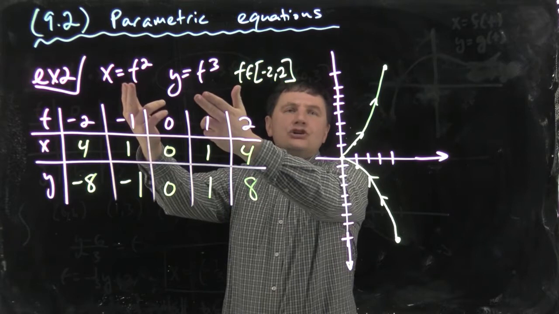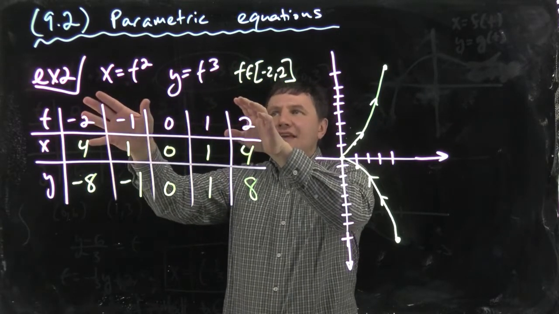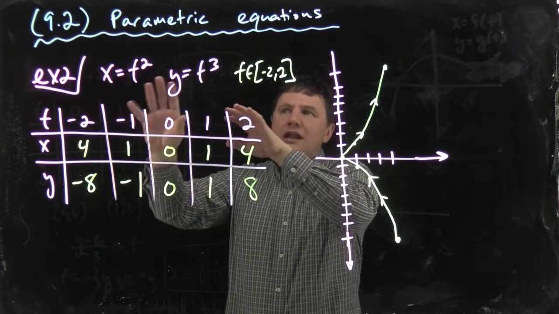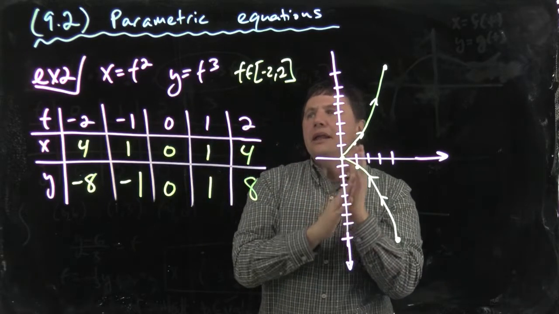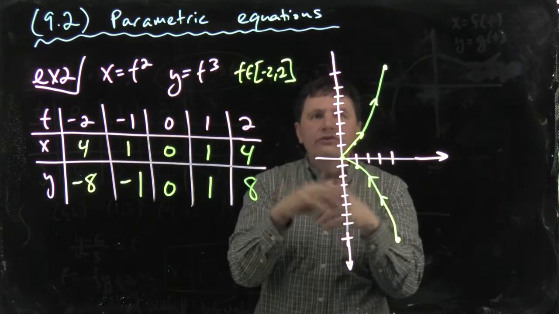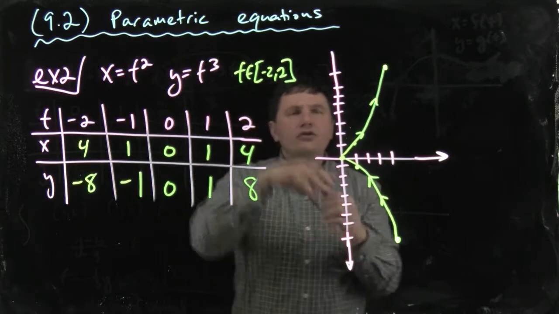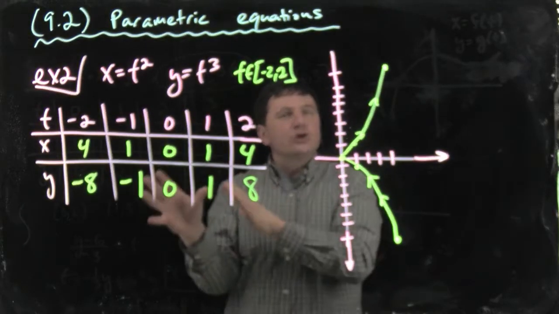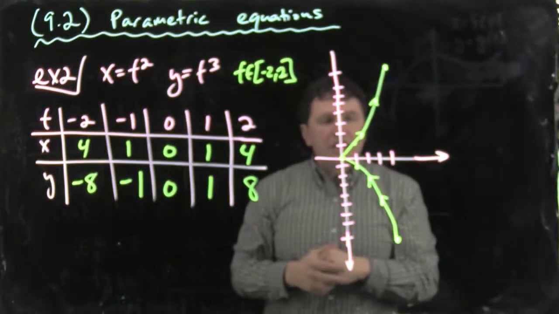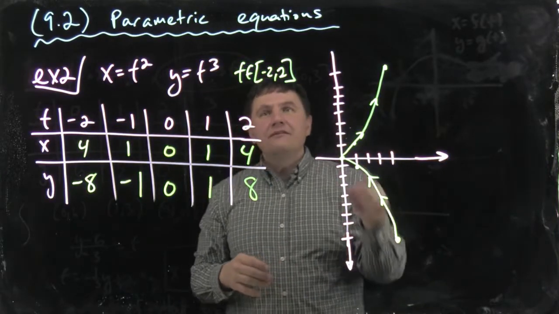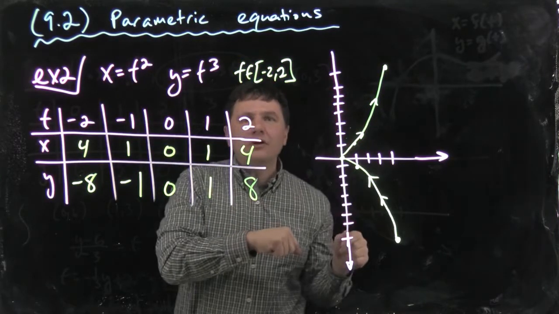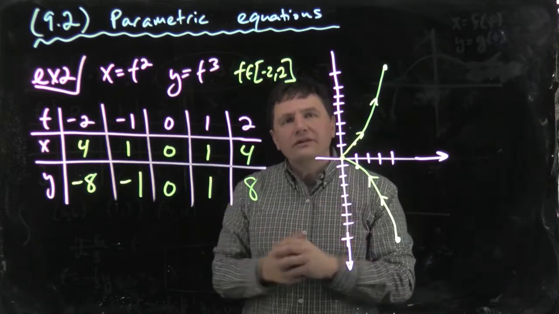In this case, the natural domain, any t value is possible, so the natural domain would be all reals. Here I'm just looking at -2 to 2. So something to keep in mind, we can't just look at a graph and tell the domain anymore because we have this hidden variable t, which is actually the independent variable, which indicates what the input is.